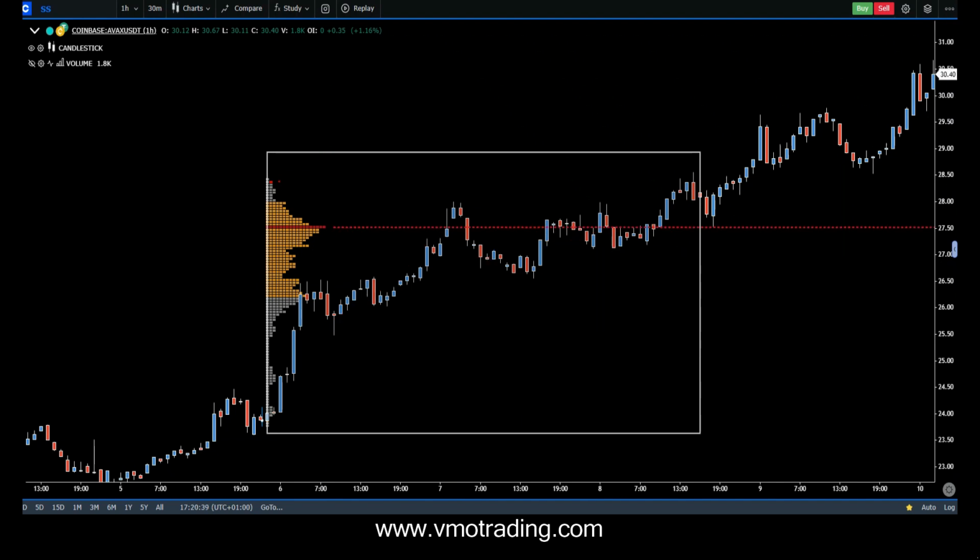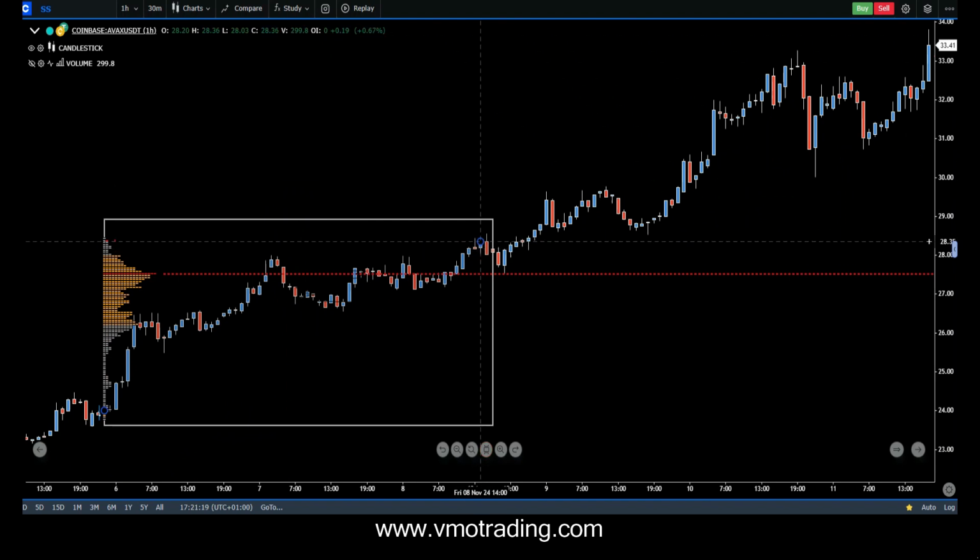In this graph you can see that price returned to the point of control again before starting another significant leg up, which I'm going to show you now.